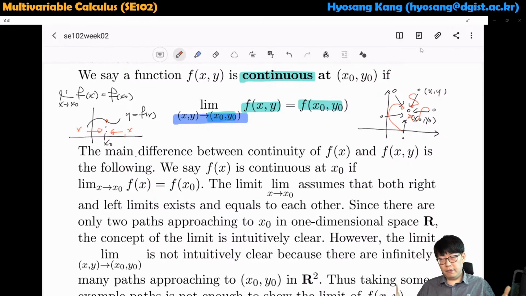So there are infinite directions and infinite path trajectories. There's no way you can check by simply looking at the graph, or by checking a few example paths of approaching (x0, y0), that a two variable function is continuous.